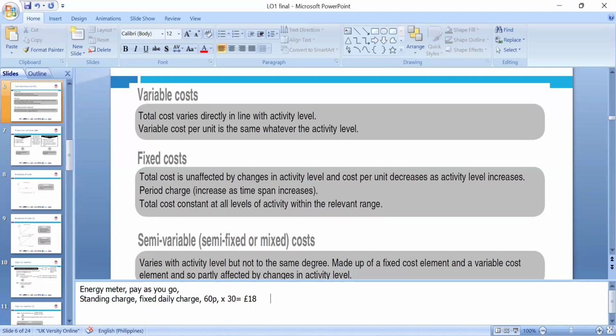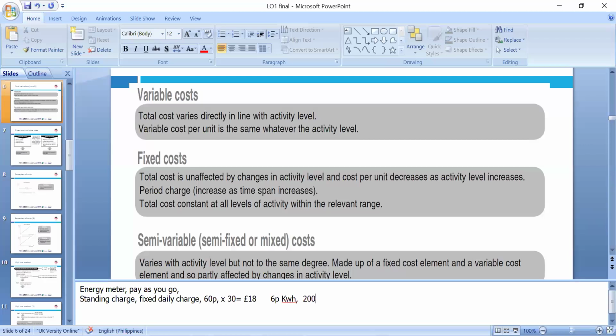Then per unit, let's assume 6 pence for gas per kilowatt hour. Time the number of units of gas you use, we can convert into kilowatts, from cubic meters or cubic feet, which is how gas is normally measured.